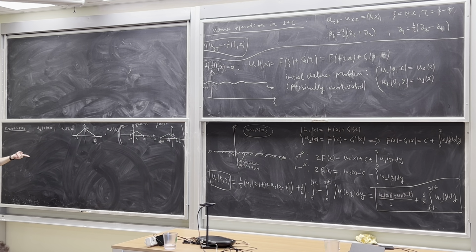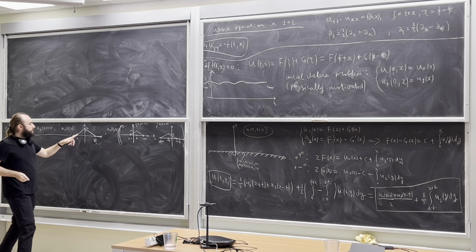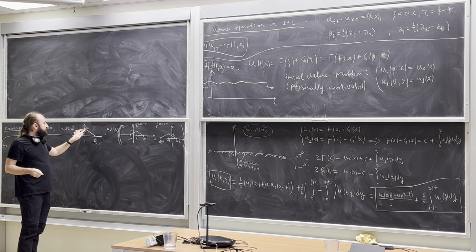So if we try to turn this into a movie, then it looks like this. First, let's see what happens in the middle. We have a sum of two functions with opposite slopes, so the slope of the resultant function is 0.